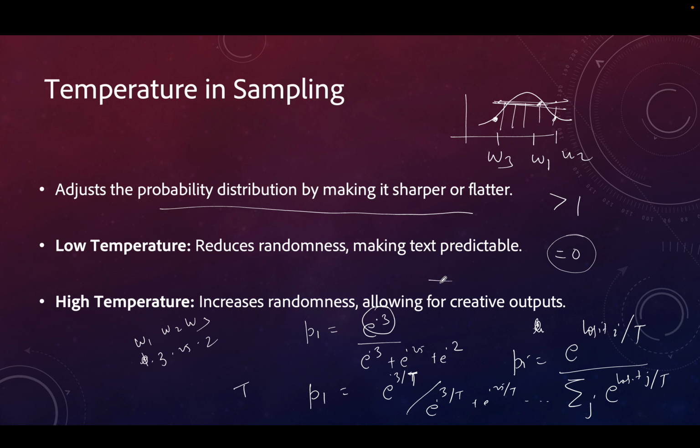So temperature also plays a role in sampling. If you make temperature very high, let's say 3 or 4, then you will start seeing some gibberish text. So it increases randomness. If you make temperature 0, you will get repetition like greedy. So I hope it's clear.